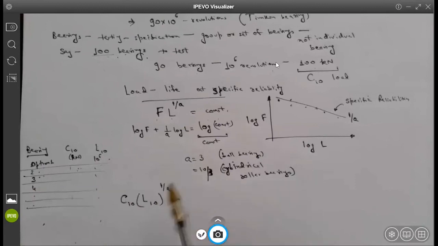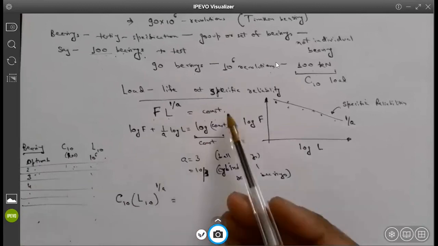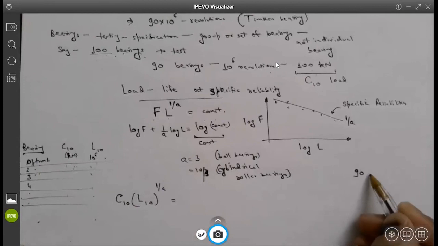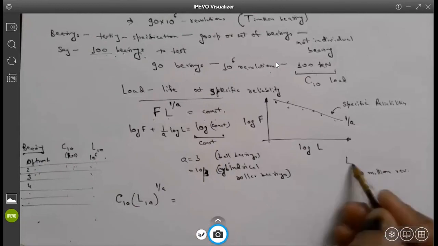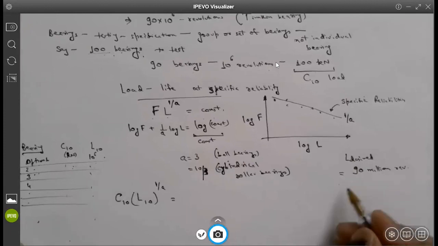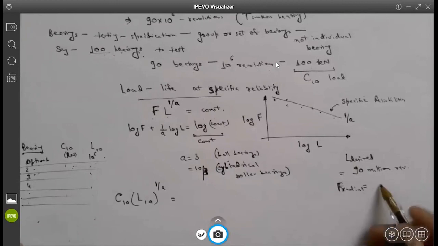Now, as a designer, I want to select a bearing for, let's say, 90 million revolutions. My desired life is 90 million revolutions, and the desired radial load, let's pick a number here, let's say 100 kilonewtons.